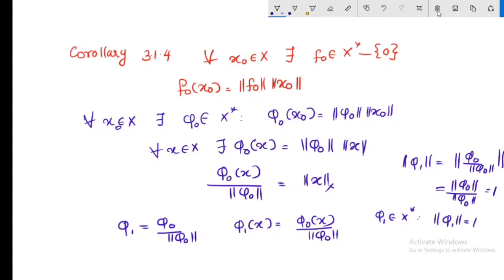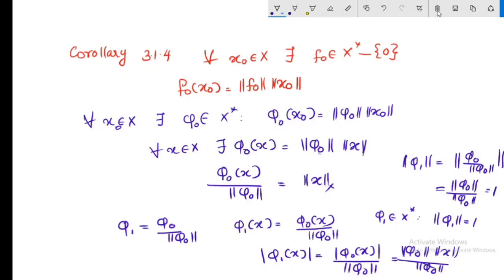Now what about modulus of ψ1(x)? Modulus of ψ1(x) is equal to modulus of ψ0(x) divided by norm of ψ0. All these terms are positive. Therefore this is equal to norm of ψ0 times norm of x divided by norm of ψ0. They cancel each other, and we get this is equal to norm of x.